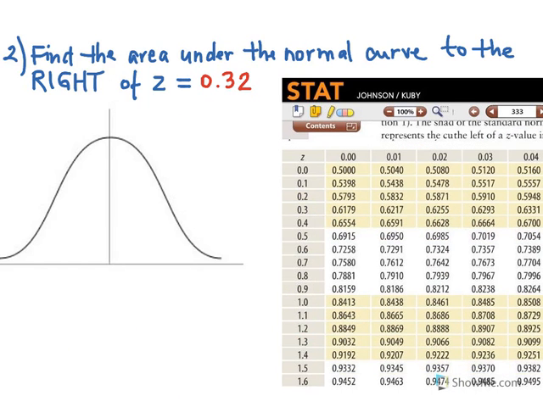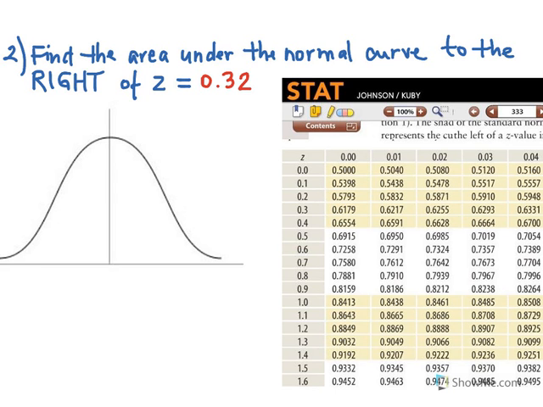Let's find now the area to the right of the z value. One thing you have to keep in mind is that the entire normal distribution curve is equal to 1, and that was the first property of a normal distribution.